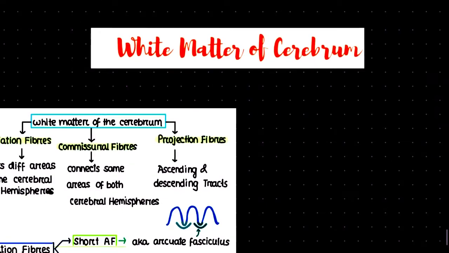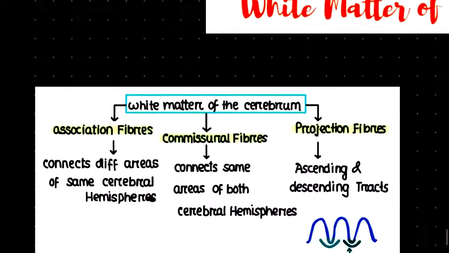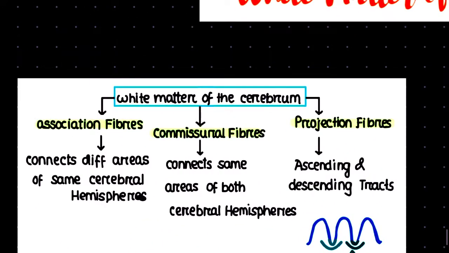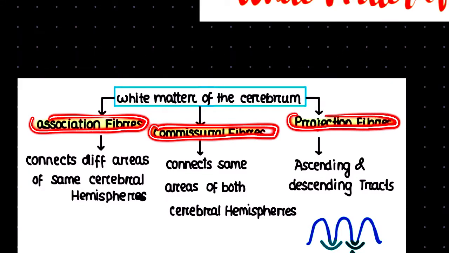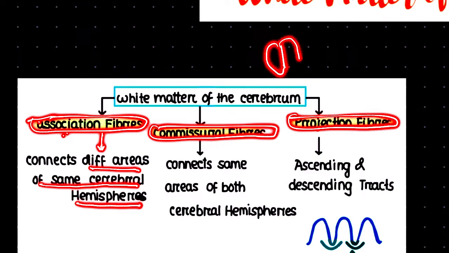Talking about the white matter of the cerebrum, it consists of association fibers, commissural fibers and projection fibers. These are the three types, and they have different functions. The association fiber connects different areas of the same cerebral hemisphere. We know that there are two cerebral hemispheres, the left and the right.